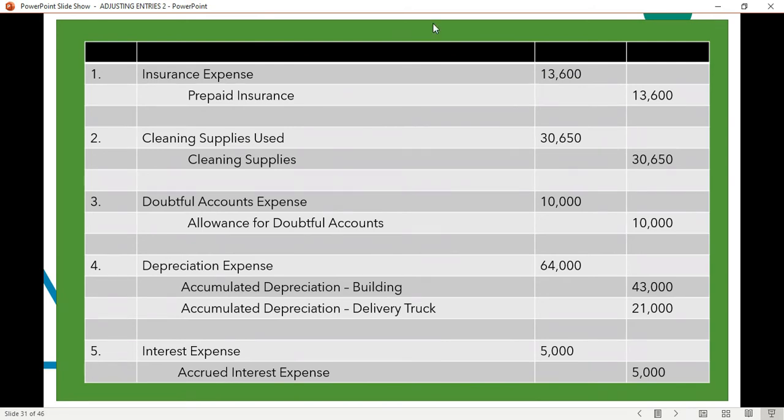So the entry is debit insurance expense and credit prepaid insurance, 13,600. After this entry, you will have the insurance expense of 13,600, the expired portion, and you will be reducing your prepaid insurance to 3,400 by crediting prepaid insurance 13,600. That's the adjusting entry for number one.